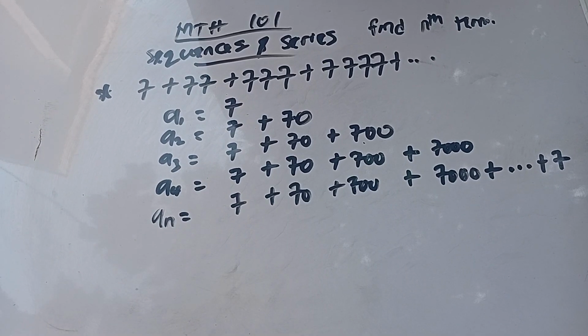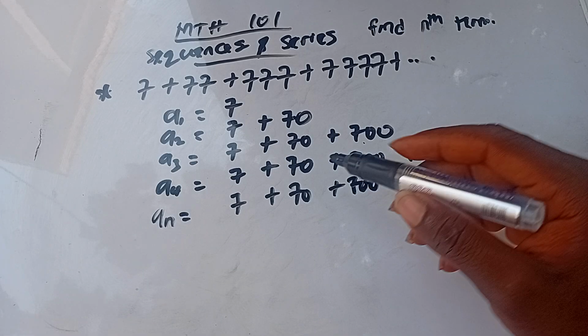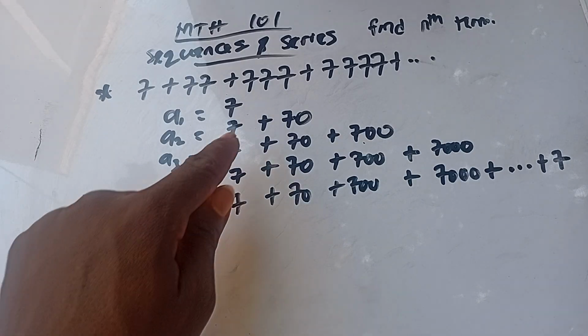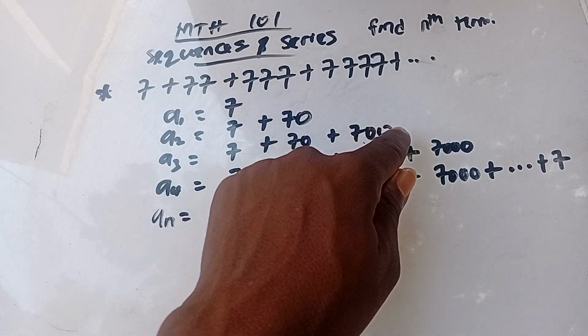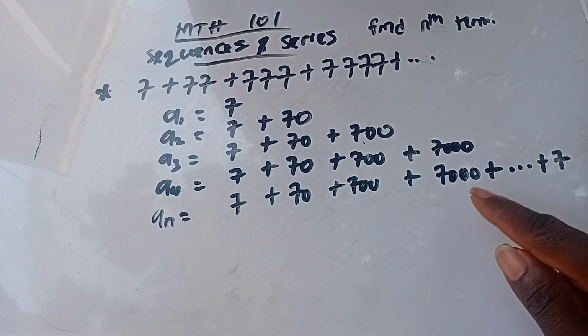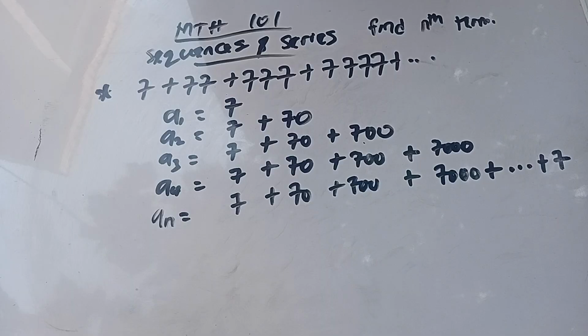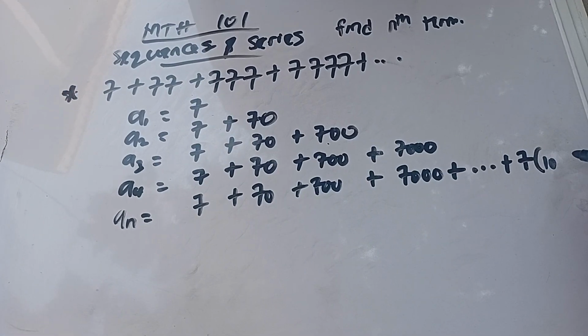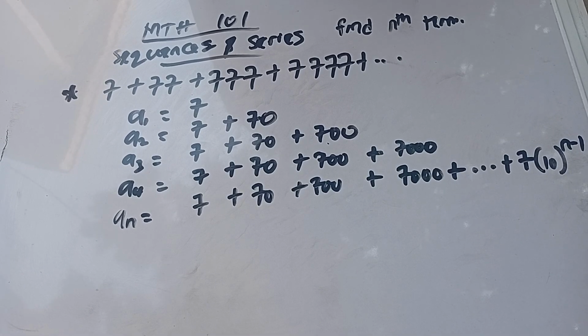You can decide to write x there. Assuming I'm using times 10, 7 times 10, this will give me 7 times 10 square, 7 times 10 cube. So this will give me 7 times 10 raised to power n minus 1. Or you can decide to just put a single term here as x.